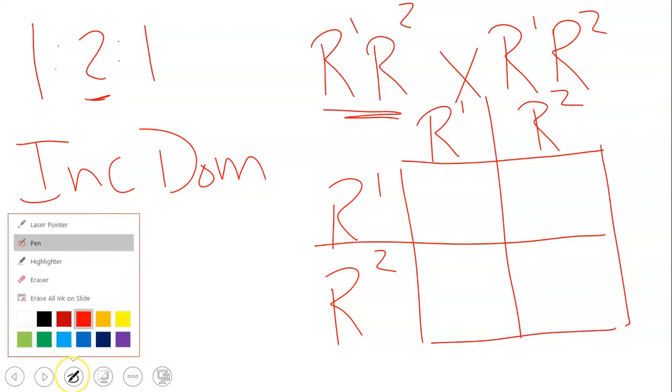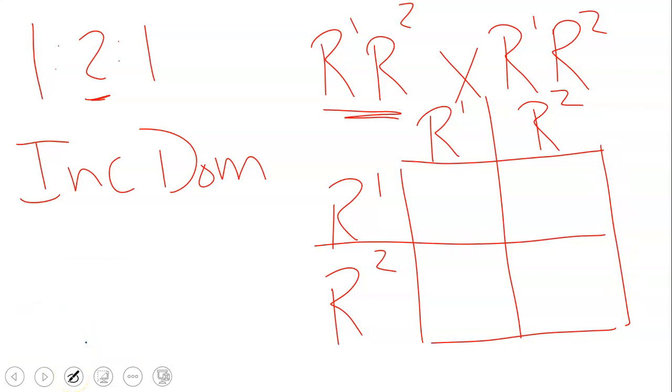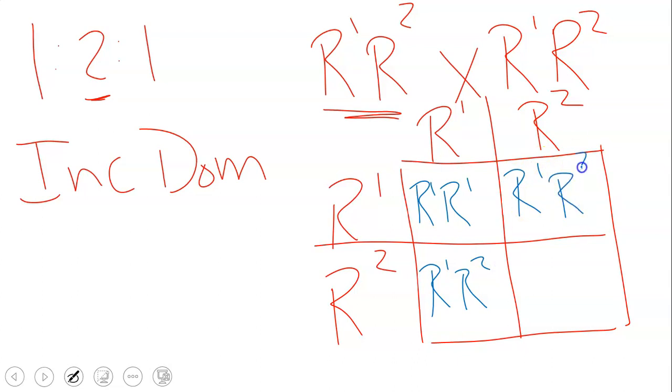And then inside my box, I'm going to put potential offspring. So my first here is going to be R1, R1. Hopefully you've gotten pretty good at these Punnett squares by now. My second is going to be R1, R2. Here I've got R1, R2, and then R2, R2. And so this R1, R1 here is going to be my red flower producing plant.